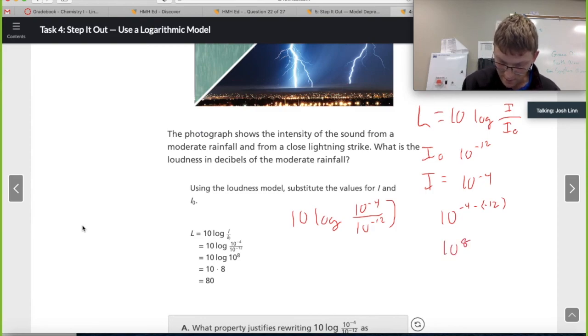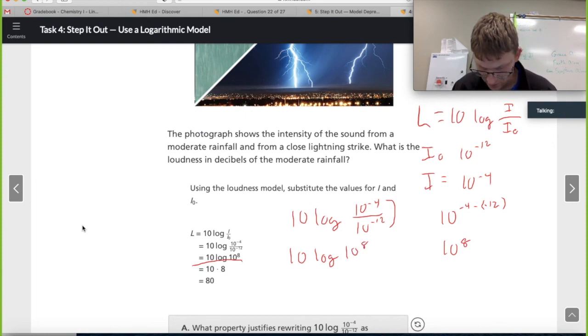So now we have 10 log of 10 to the 8th. Based on that, you can simplify and call this 8, because it is log base 10 of 10 to the power of 8.